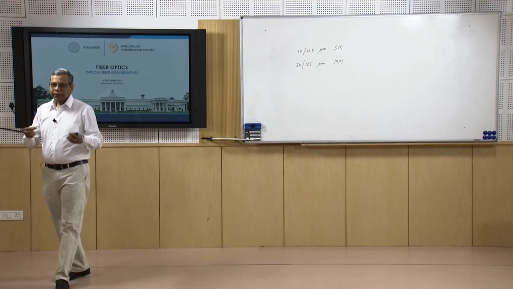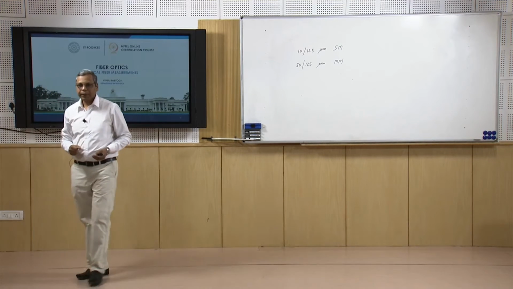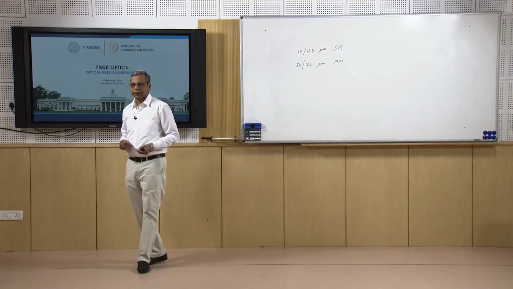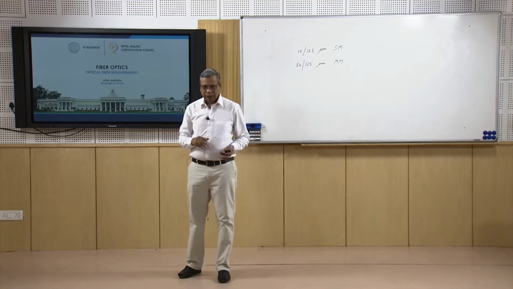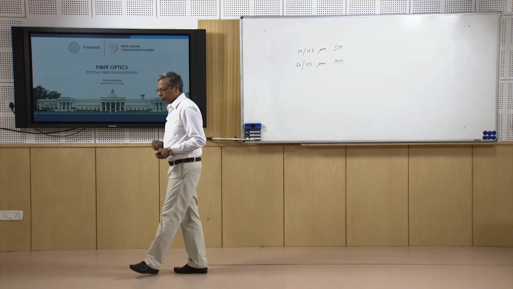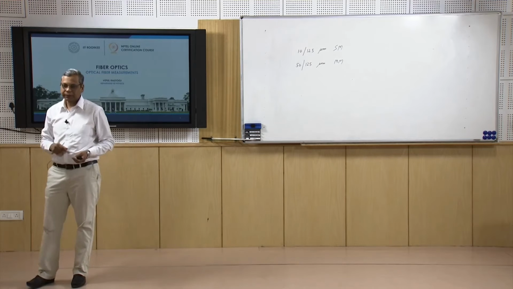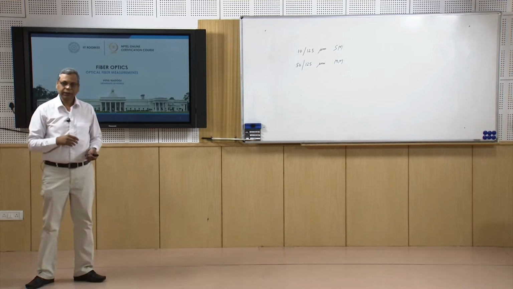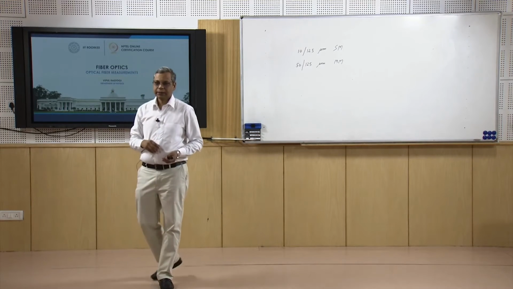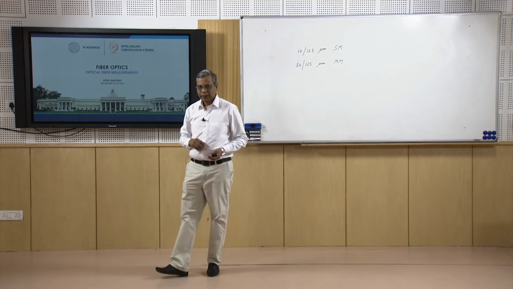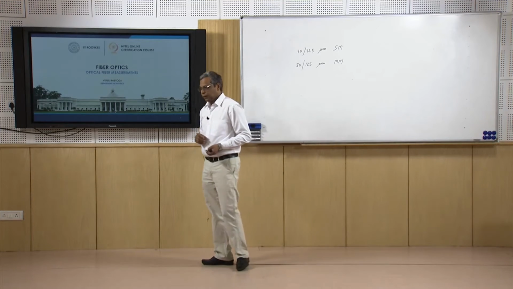So, if we look at this fiber, by just looking at it, we cannot make out whether it is single mode fiber or multi-mode fiber. We cannot say what is the numerical aperture of the fiber, what is the cutoff wavelength of the fiber, at what wavelength it will behave as single mode, at what wavelength it will behave as multi-mode, what are the losses of the fiber.